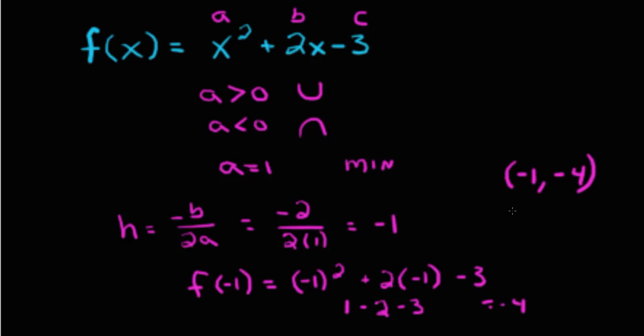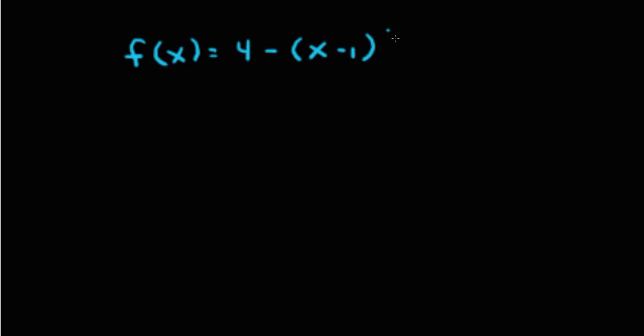Now, if this were in vertex form, it's a little bit different, and we'll go back to the problem that we did in the earlier video. We'll say f of x equals 4 minus (x minus 1) squared.